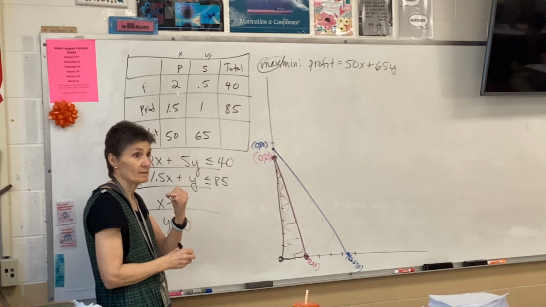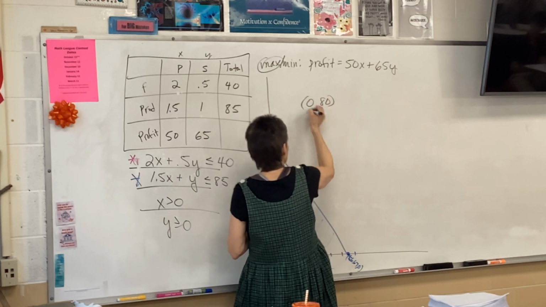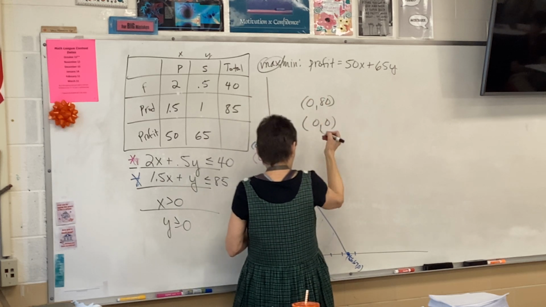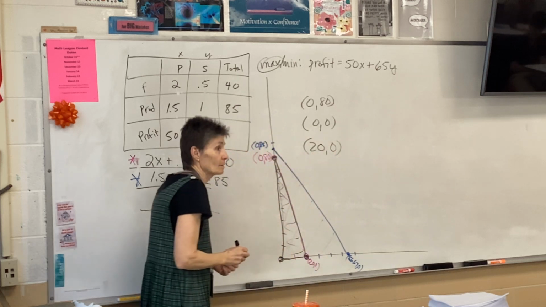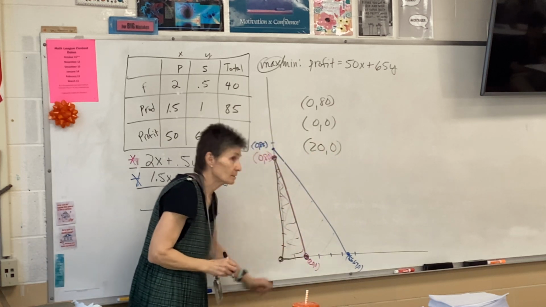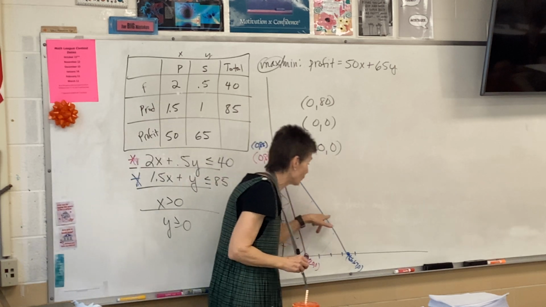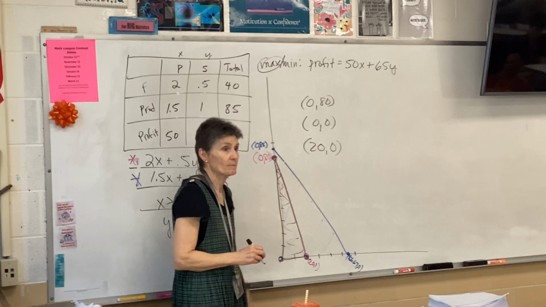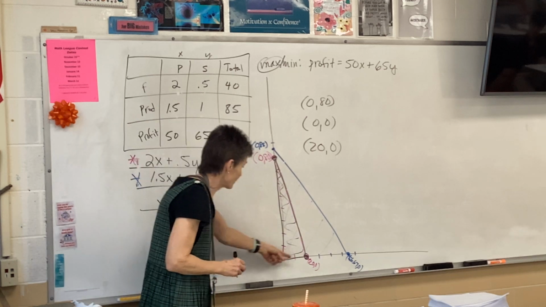I have 3 points, and I know them all. So I won't have to be doing any substitution or elimination, because I know all my points. If this line had come out here and crossed, then I would have to do substitution or elimination to find it. But I know all those.